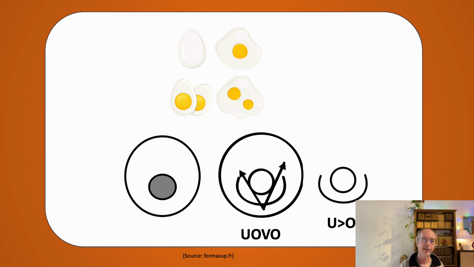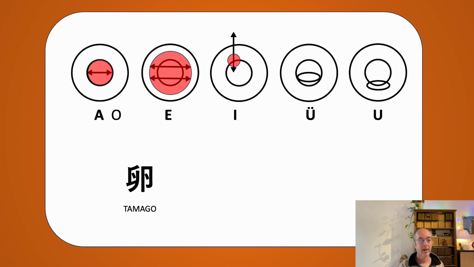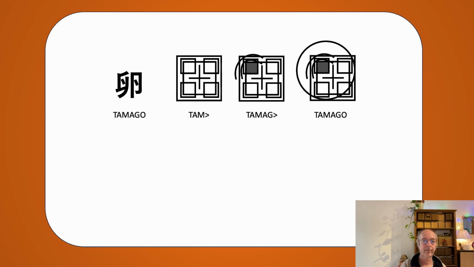Let's go to the Japanese. The Japanese word is tamago. It's something different. I don't know if I can recognize already the breaking of the egg in the letters here. I leave that for later interpretation. But let's see what tamago is describing in the letters.